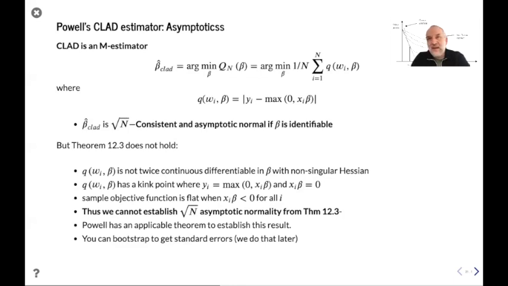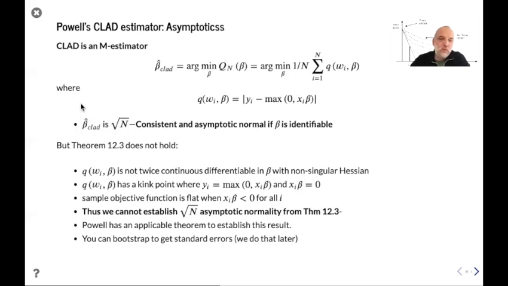Well, that theorem is derived under assumptions about differentiability, and you can see it clearly in the equations for what the variance covariance looks like. It's all about first and second order derivatives. So if the function is not differentiable, how do you calculate those? That's a problem.